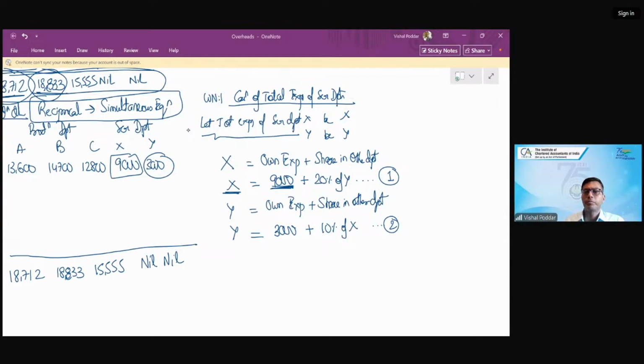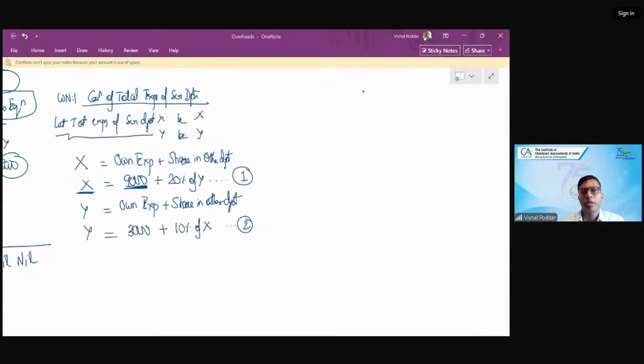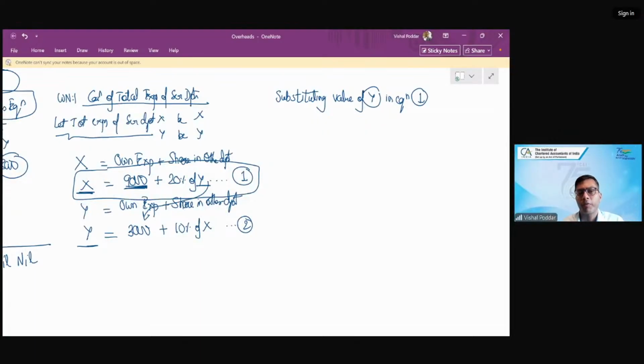Okay. Now, once you have created this, we simply solve these equations. How? Substituting the value of Y in equation 1. So in this equation, we substitute Y as this, because we have said that Y is this.